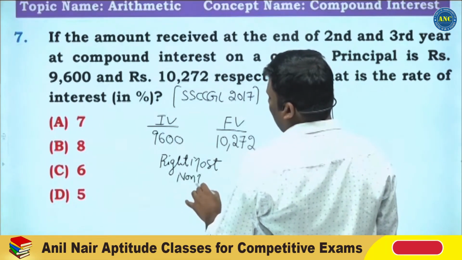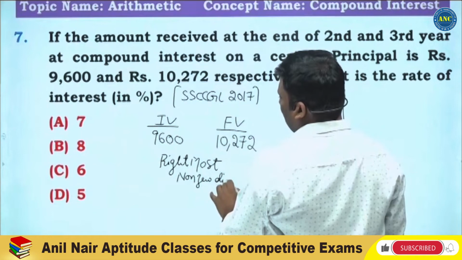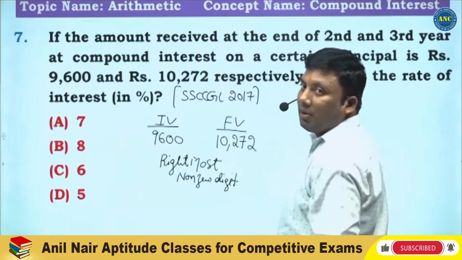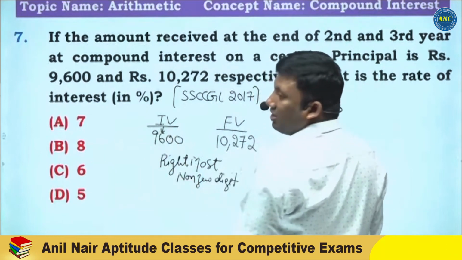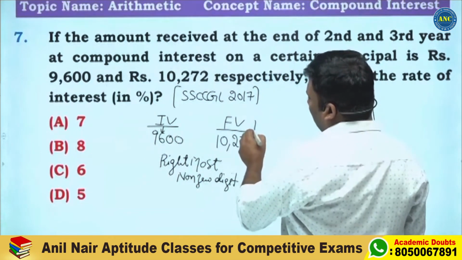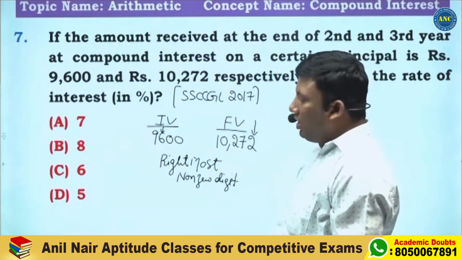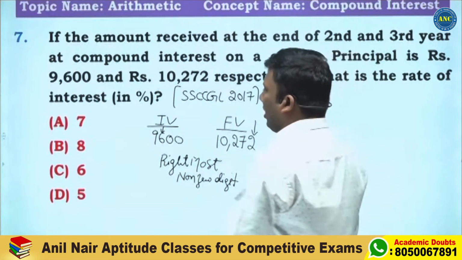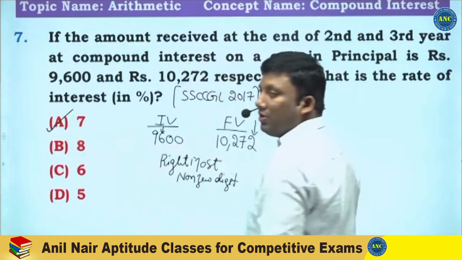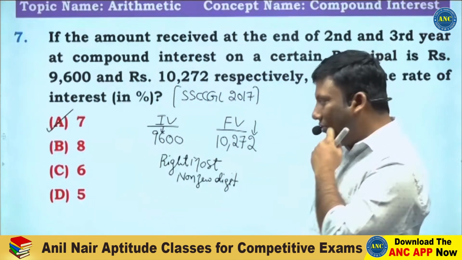Rightmost non-zero digit approach. Yesterday we discussed. What is the rightmost non-zero digit? 6. What is the rightmost non-zero digit? 2. 6 should be multiplied by which unit digit to get 2? Answer is 7. Finish. Answer is 7. Are you all with me?